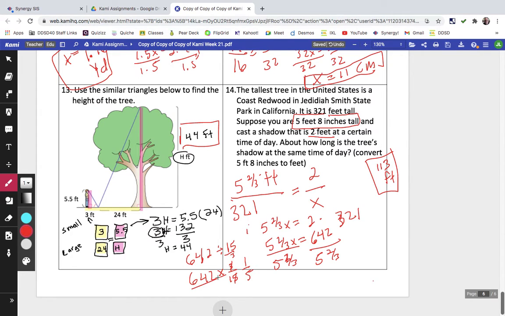So 642 divided by 5, that's going to be 113. 642 divided by 5 is 128. I wonder if it's 128 or if it's 113 feet. So in this way, I've got 128.4 feet.